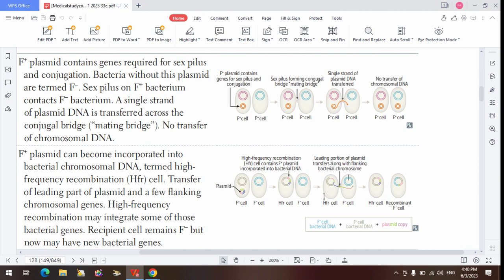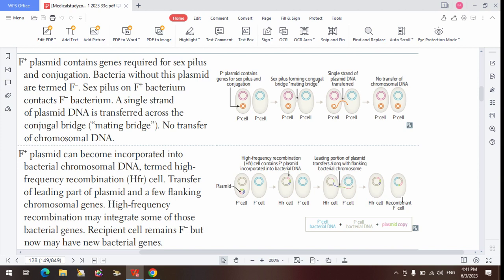It's only a leading portion that comes out. The other portion that will follow that plasmid segment is the chromosomal DNA. So at the end of the day, it's going to introduce the chromosomal DNA into the F negative cell, but it will not bring the plasmid into it. So you are going to form a recombinant F negative cell that only contains the chromosomal DNA but not the plasmid. So it will be recombinant, but it will be F negative.